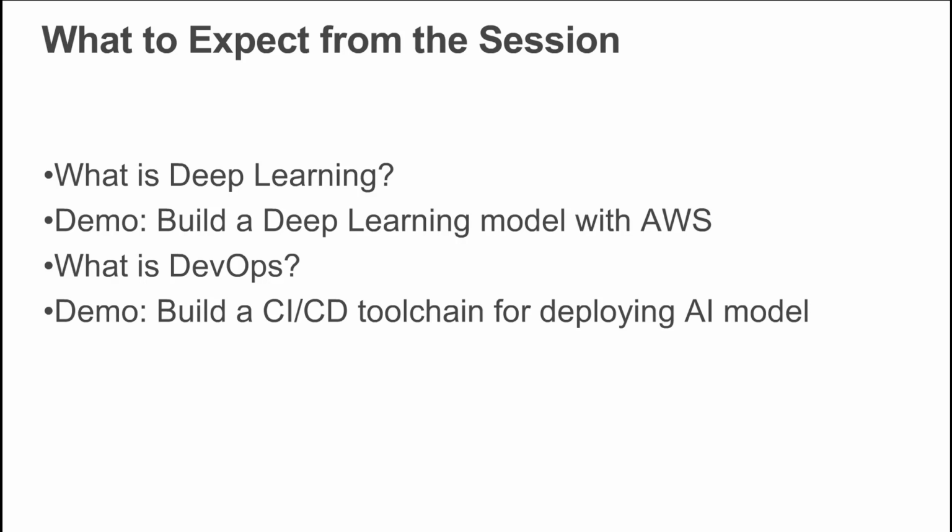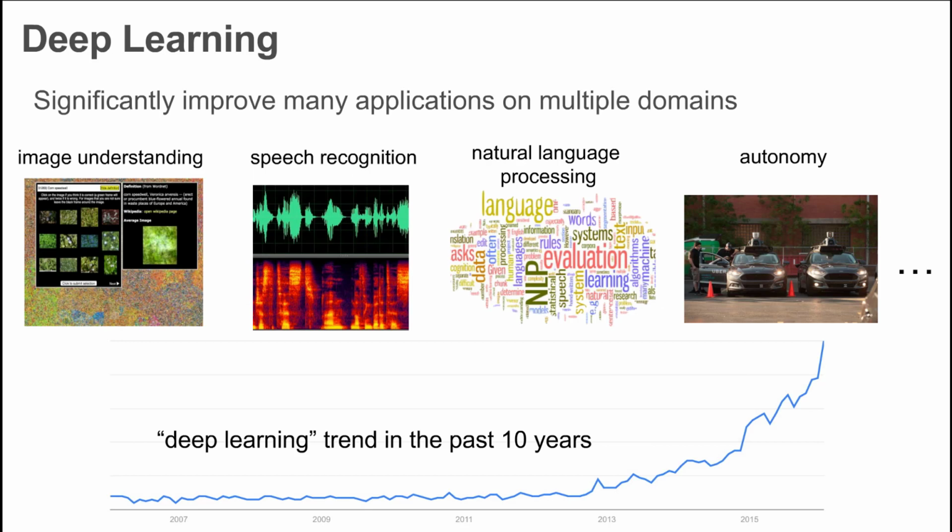What is the DevOps paradigm, and what do we need to take care of and think about in the DevOps tool chain for the AI model. And finally, we'll end the webinar with a demo of the CI/CD tool chain to deploy these models onto production and have a running API which uses the AI capabilities. So let's move on and get started.